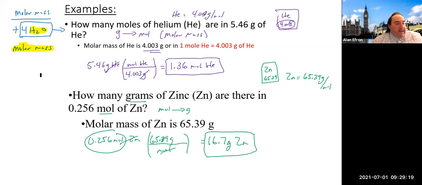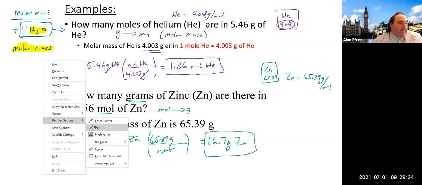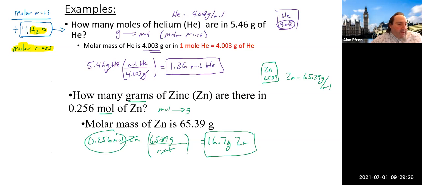So again, if we were doing a calculation where we needed the molar mass for water, and in the equation there's a 4 in front of it, you do not incorporate the 4 into the molar mass ever.